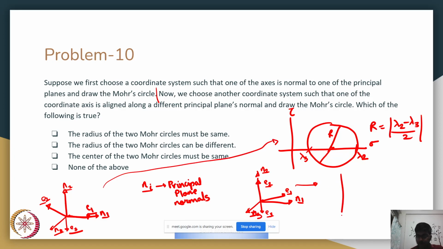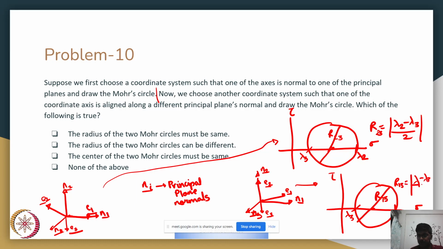For this one, we'll get a Mohr circle between say lambda 1 and lambda 3 and this state of stress. Your R13 would be equal to lambda 1 minus lambda 3 by 2.